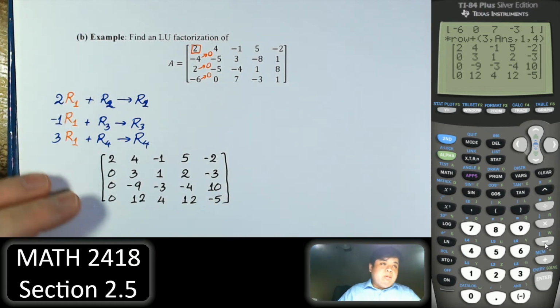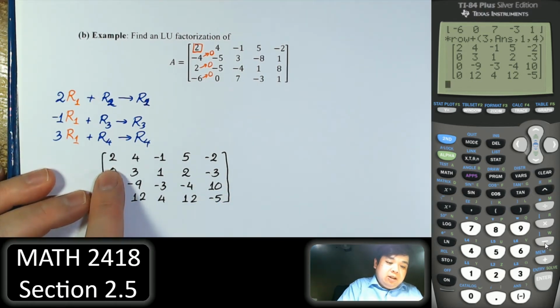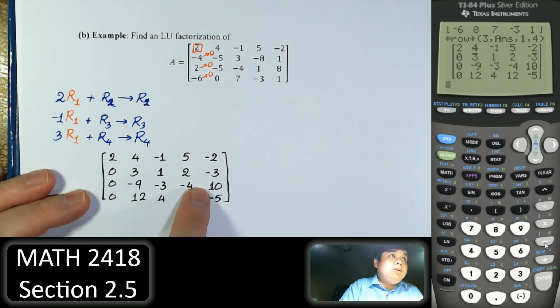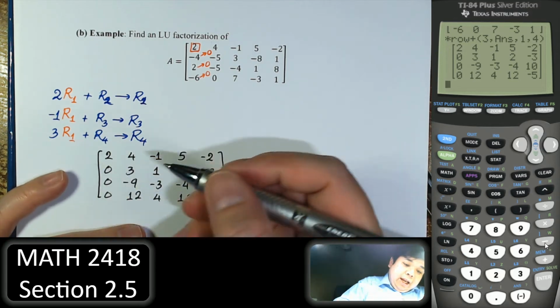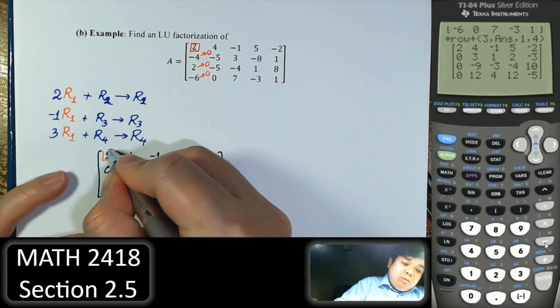So we're done with the first column. Let me check the answer first. Right, it's right. Now we got the first pivot, which is good.